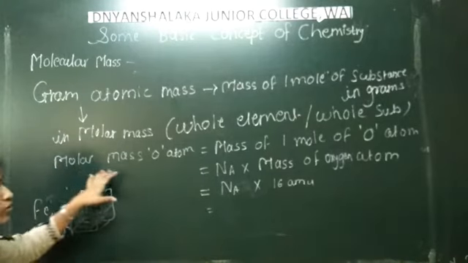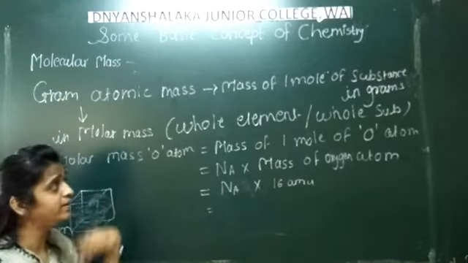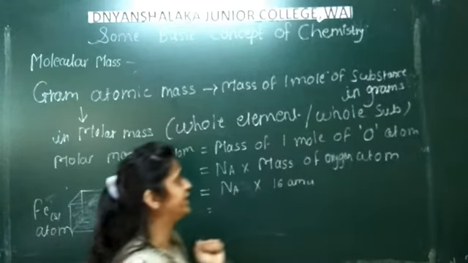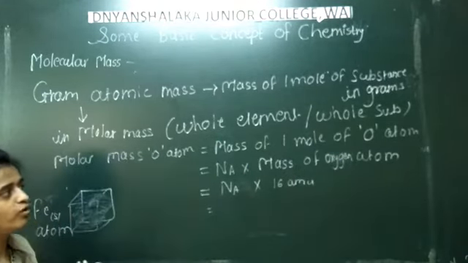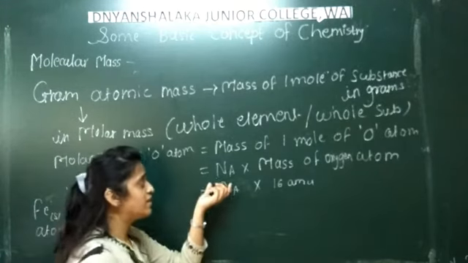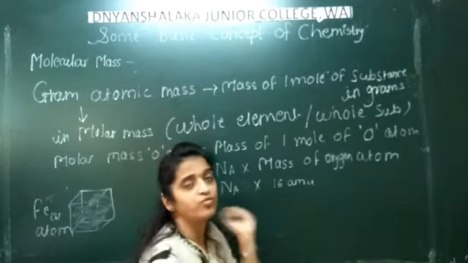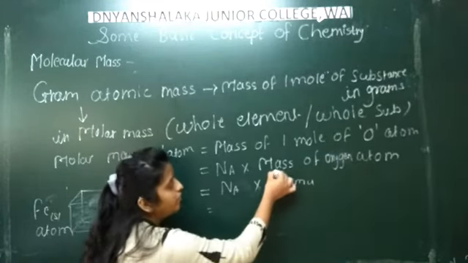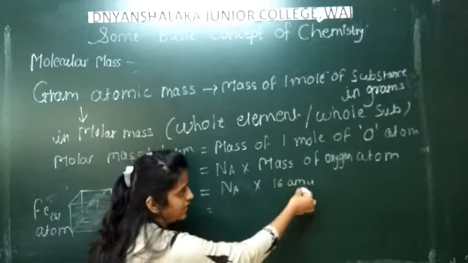So we study the molar mass of the oxygen atom, for example. The mass of 1 mole of oxygen atoms, using the last formula, is Na into the mass of 1 oxygen atom. Na is the Avogadro number and the mass of an oxygen atom is 16 AMU.